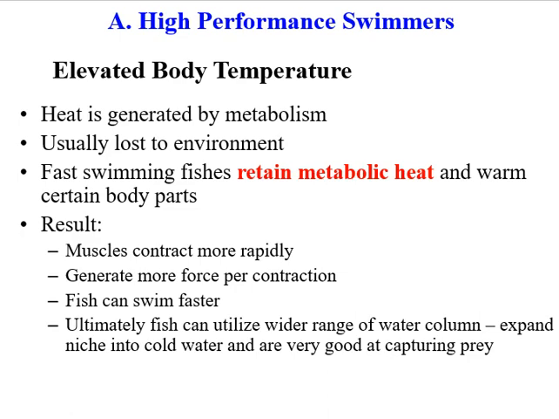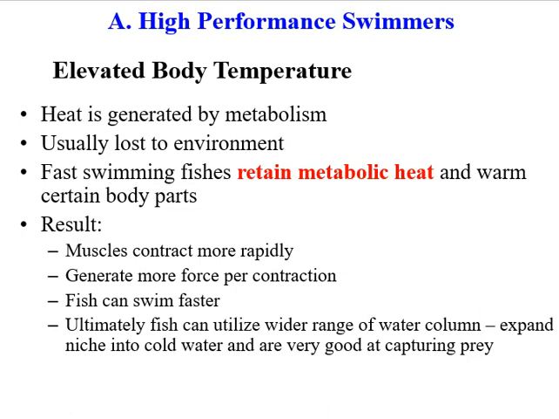All those different things enable red muscle to contract more powerfully, to contract in a sustained manner and pull on their tail back and forth powerfully, generate forward propulsion, swim fast, be a high-performance swimmer.